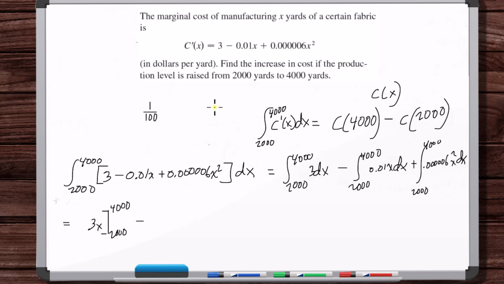So what we'll want to do is it'll be a 2 x squared. So you bring down the 2, this goes to 1 over 100. You're left with 1 over 100x.